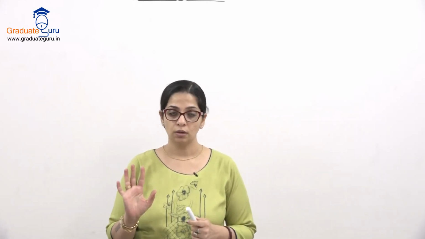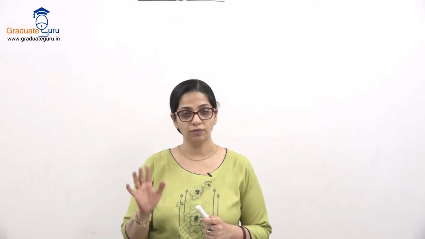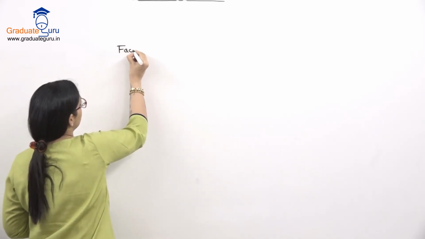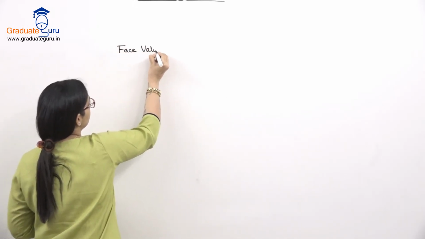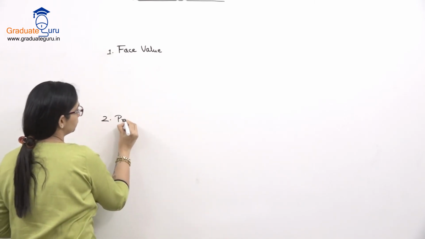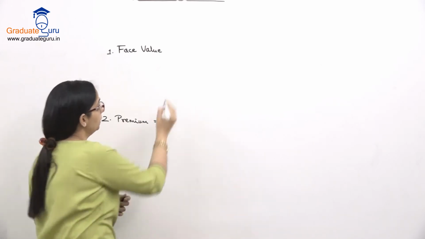Now what I'm just going to show you over here is our two equations. Once we have the two equations, the sum you will be able to solve yourself. That is journal entries खुद करना है. Okay? So two equations that we always make: face value and premium. Right?